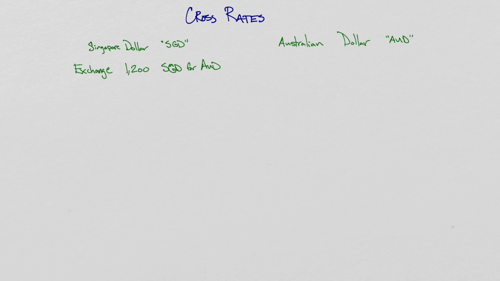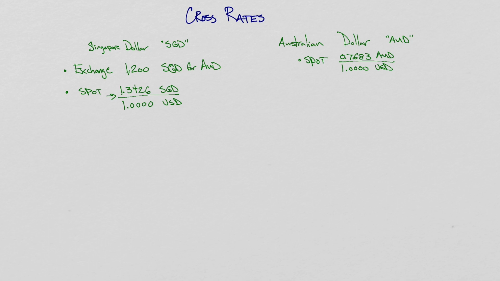Foreign exchange or Forex quotes, though, are all going to be referenced versus the US dollar. You'll find the spot quote for the Singapore dollar is going to be referenced against the US dollar, and the spot quote for the Australian dollar also referenced against the US dollar.